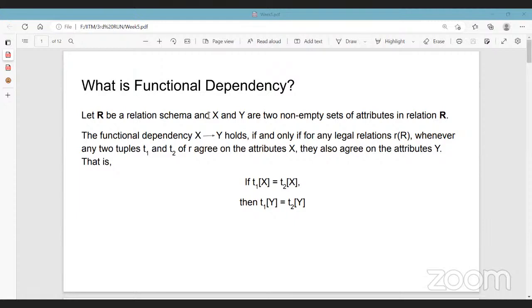So functional dependency basically requires the value of a set of attributes to uniquely determine the value of another set of attributes.